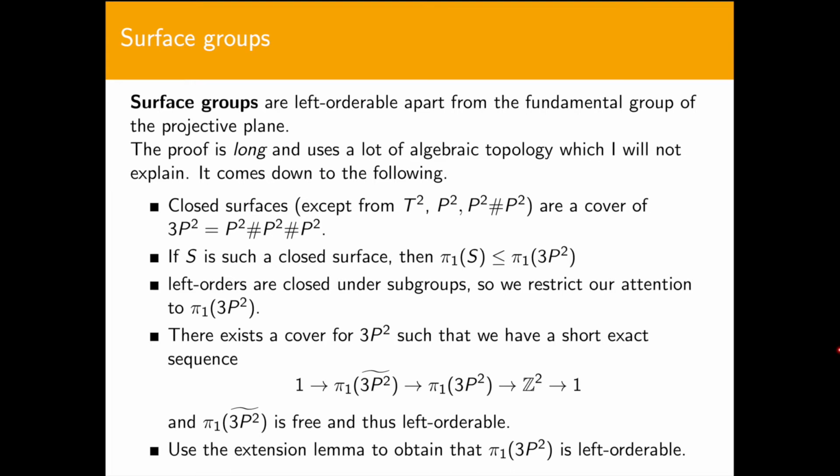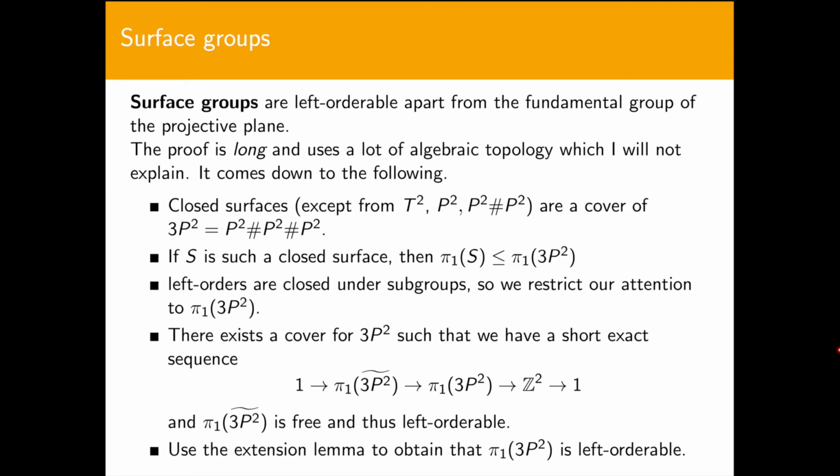So the proof comes down to the following. Closed surfaces, except for the torus, the projective plane, and the Klein bottle group, so the connected sum of two projective planes, those closed surfaces, except those three things, are all a cover of the connected sum of three projective planes.